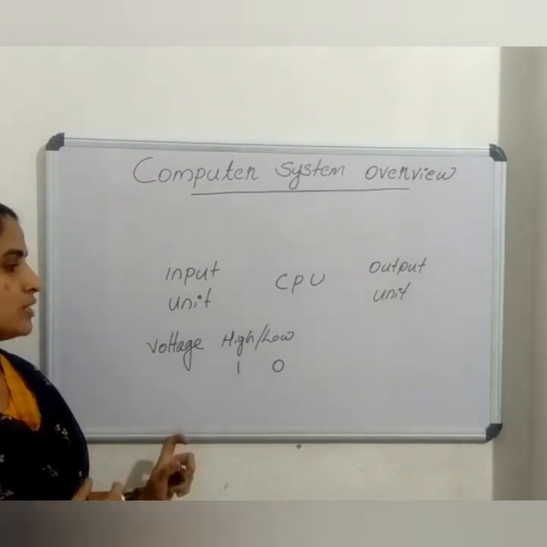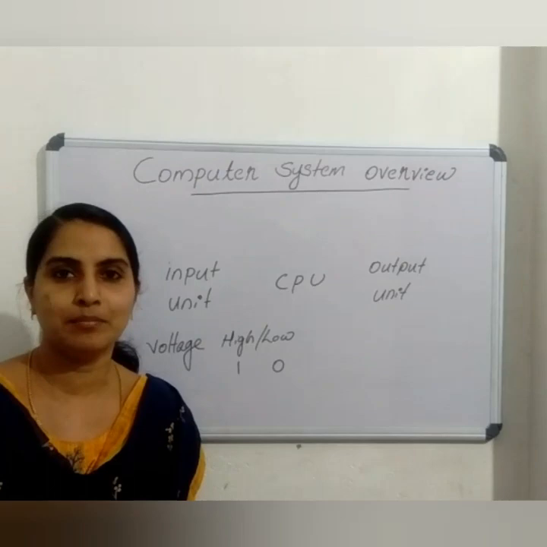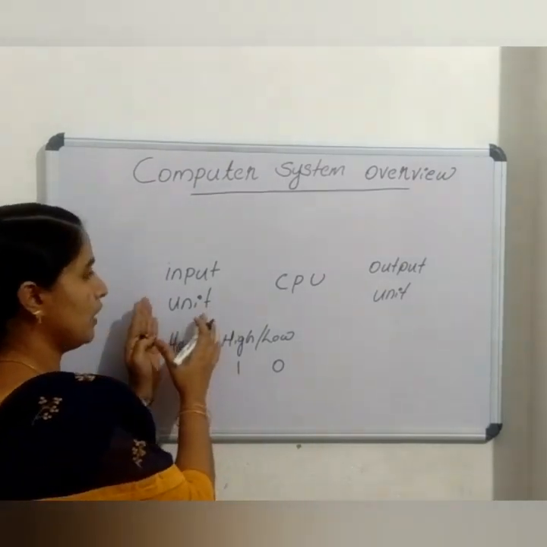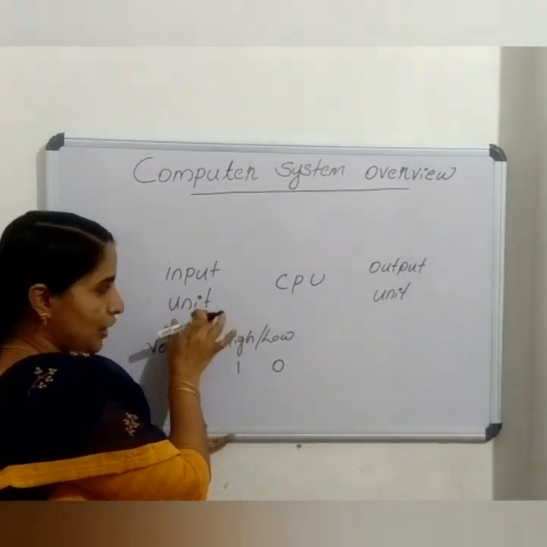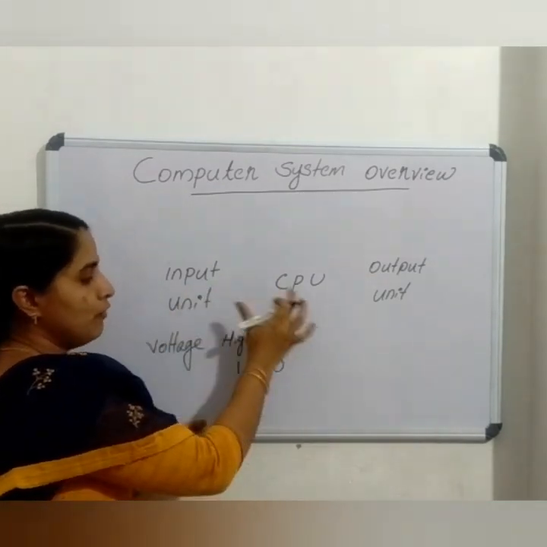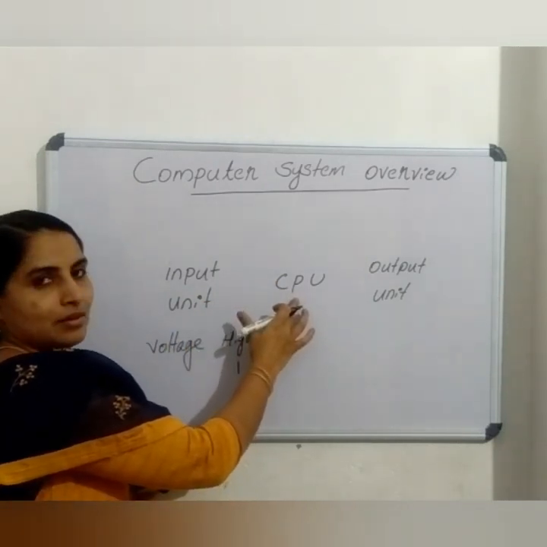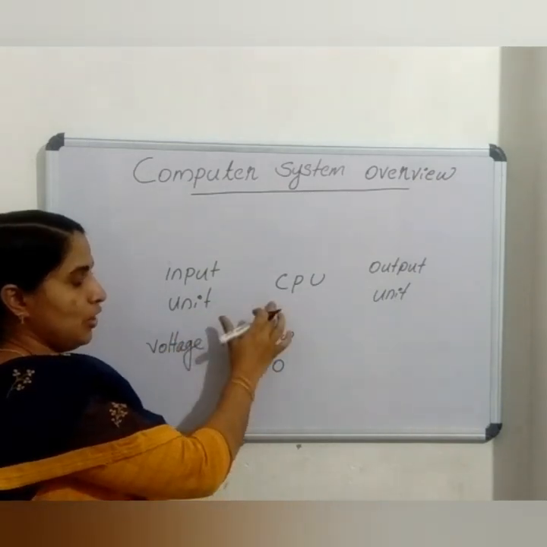And we, the users, are giving input in the form of human understandable language. And inside the input unit, when the process is going on, it converts the input into a computer understandable form. So this conversion is going on there.